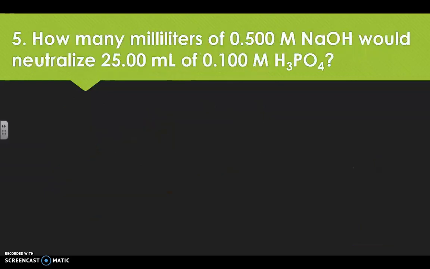I hope it's easy. Okay, question number 5 says, how many milliliters of a 0.5 molar NaOH would you need to neutralize a solution of H3PO4? So we know that we're using NaOH, and we're going to use H3PO4. On the other side, what's going to happen?